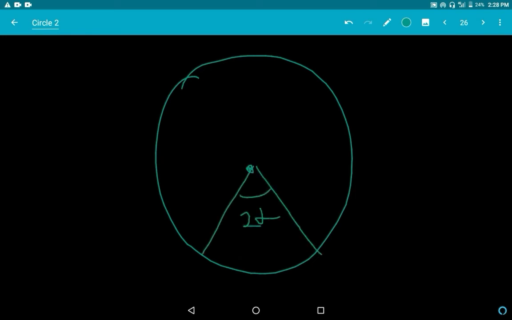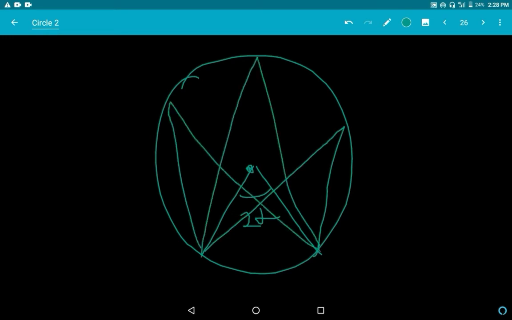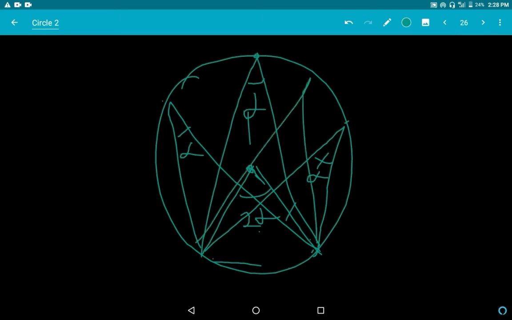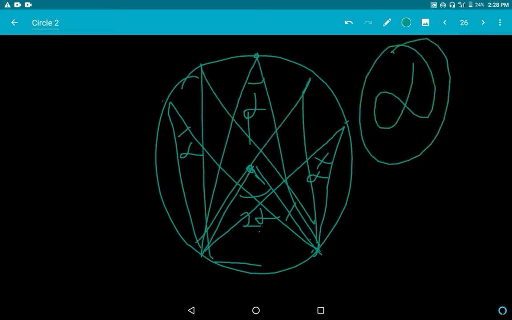Let's say I draw here, I draw here, I draw here. For this it will be alpha, because last time I told you for this alpha, for this alpha, because see, same arc with this here, with this here, with this here. So for any such triangles, it will always be alpha. Okay, understand? So all such angles from a single arc from any point will yield the same angle.